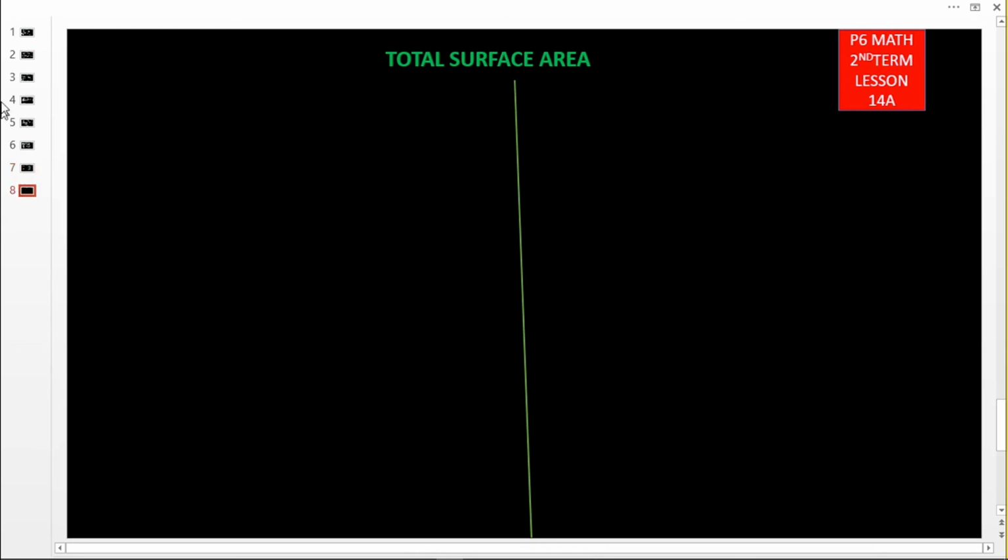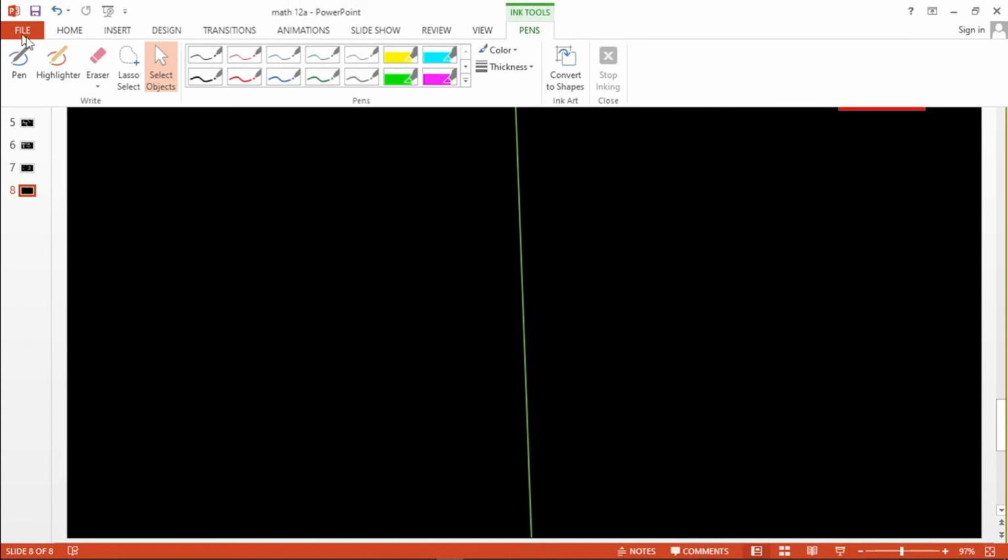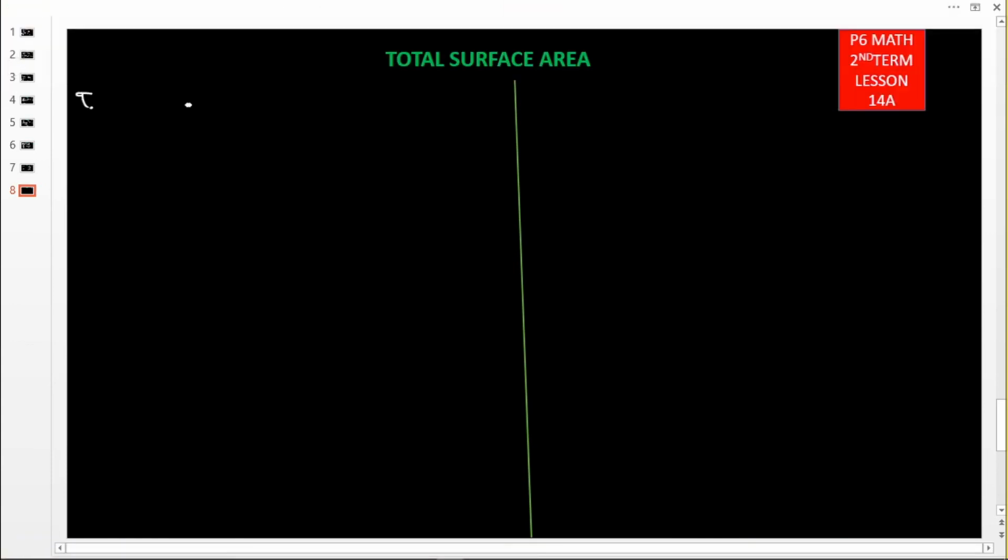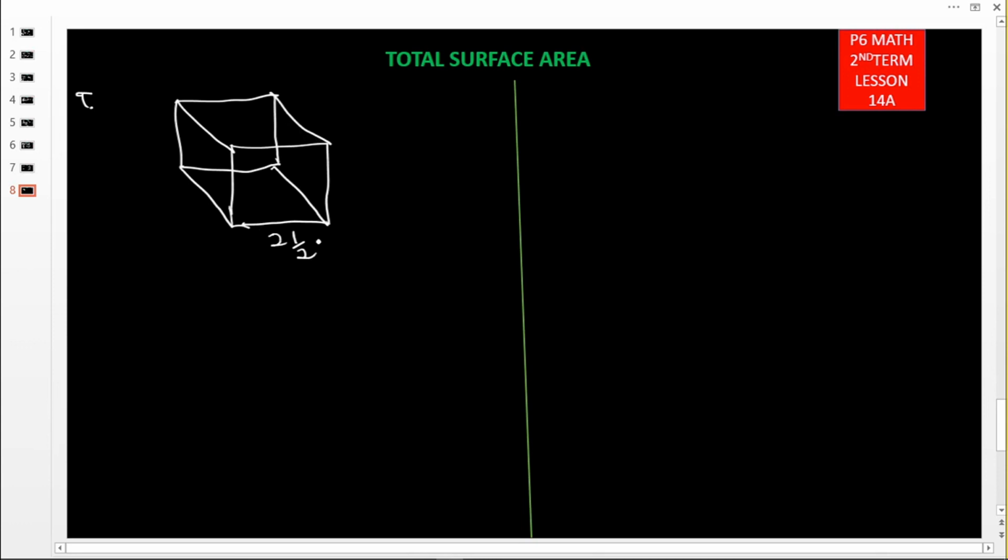Number 9, here we take 2.5 meters, 3.5 meters, 4.5 meters.